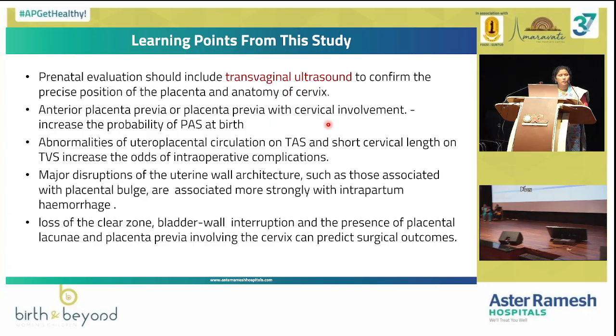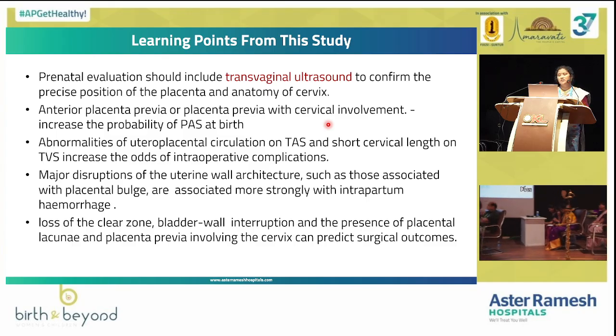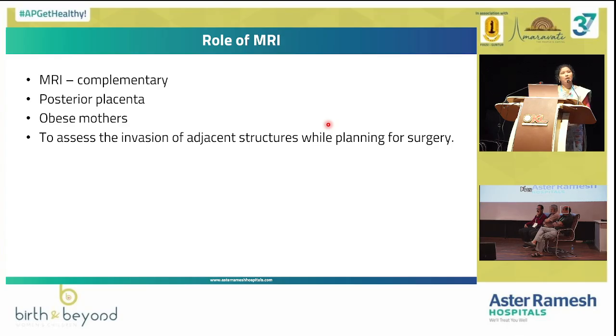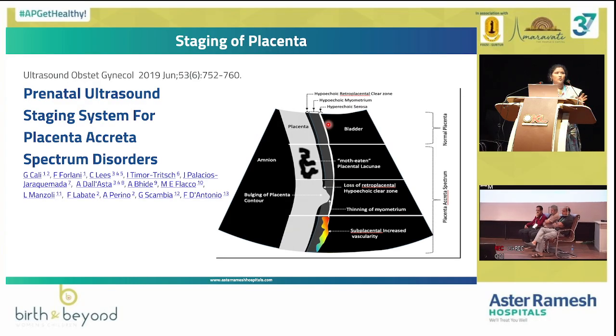Loss of clear zone, bladder wall interruption, and the presence of placental lacunae and placenta previa involving the cervix can predict surgical outcomes. MRI is mainly done for posterior placenta and obese mothers to assess the invasion of adjacent structures while planning for surgery.